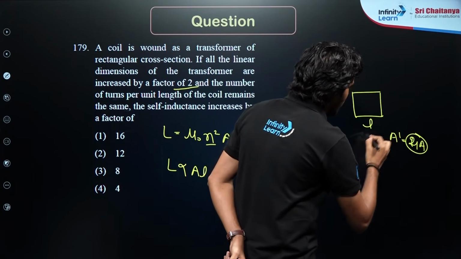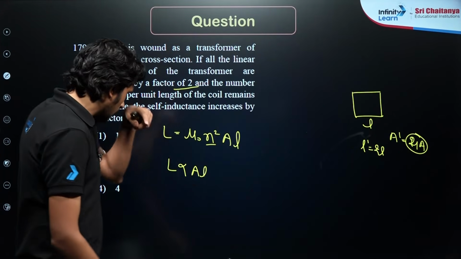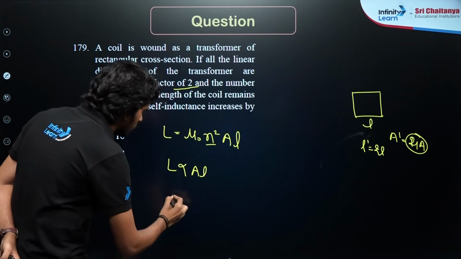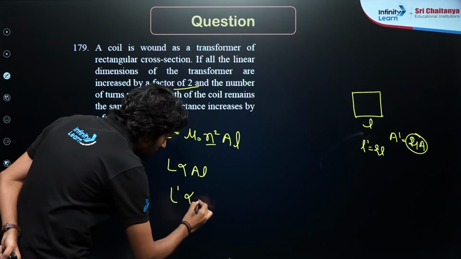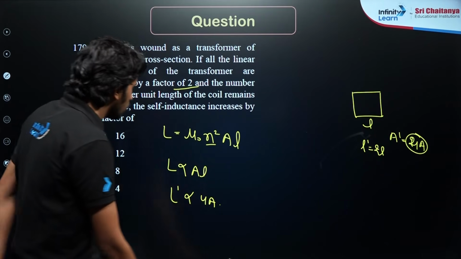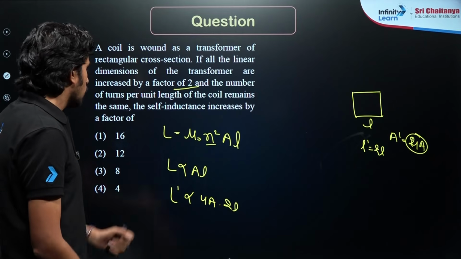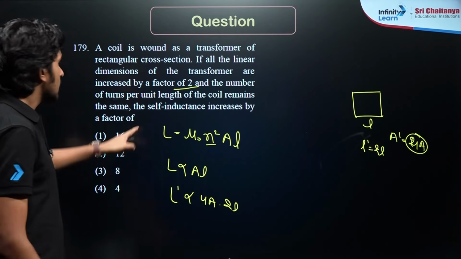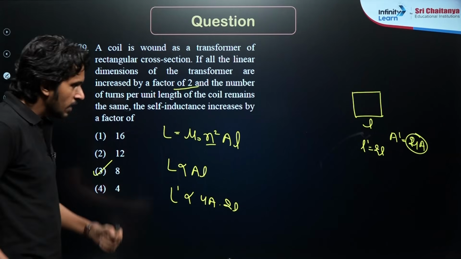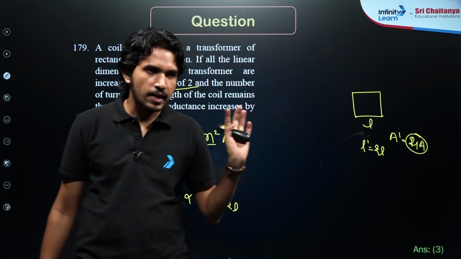Initially it was A L. Now L dash will be A dash, that is 4 times A, into the length, which is also increased by 2, so 2L. So 4 times 2 is 8. The self inductance increases by a factor of 8.